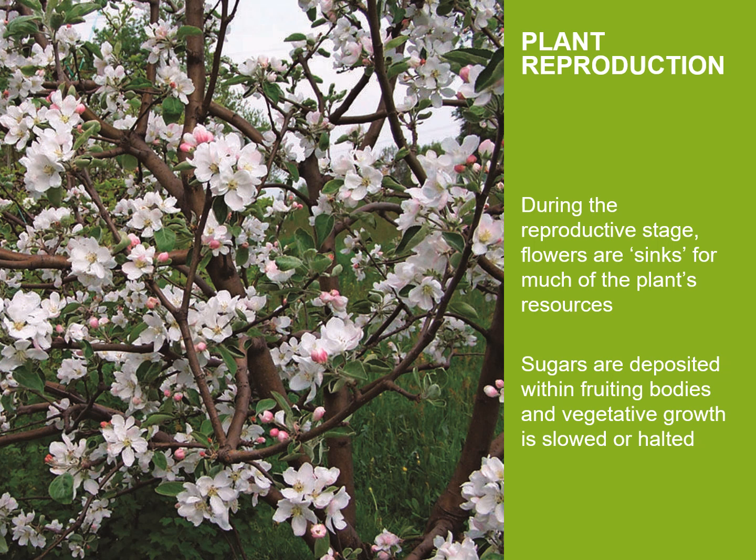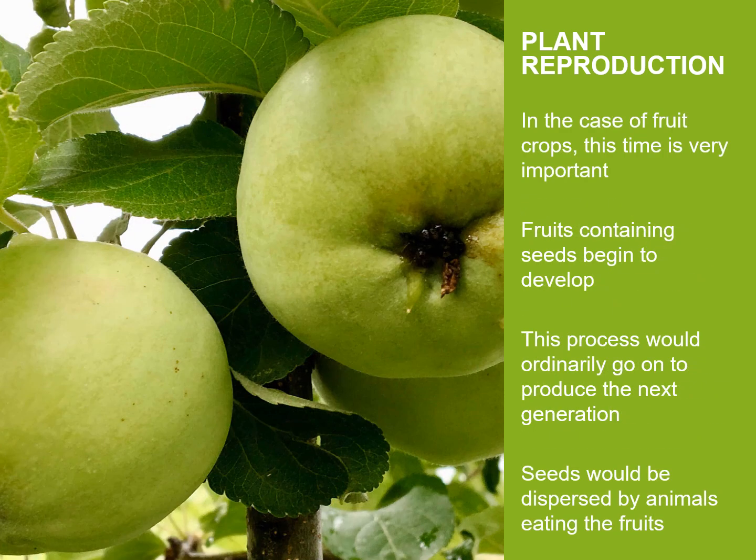So in this picture, for example, this is a flowering apple tree, and I'll talk about how the flowering response of fruit crops can be manipulated to produce fruits of certain size. During this time, the fruits develop, and inside the fruits, the seeds also are starting to grow and develop.